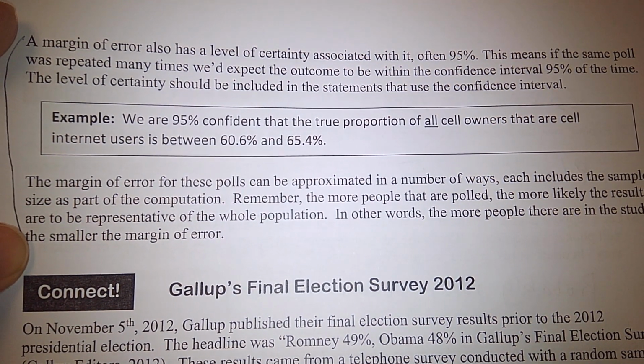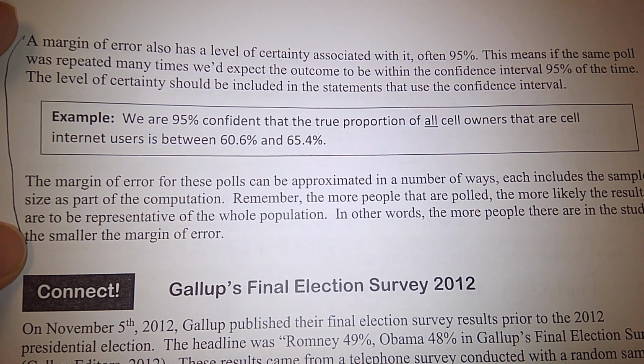The margin of error also has a level of certainty associated with it, often 95%. This means if the same poll was repeated many times, we'd expect the outcome to be within the confidence interval 95% of the time. The level of certainty should be included in a statement that uses the confidence interval. Example: we are 95% confident that the true proportion of all cell owners that are cell internet users is between 60.6% and 65.4%.